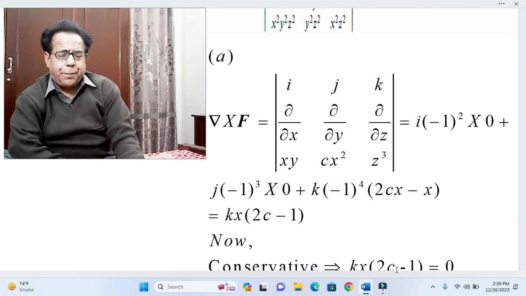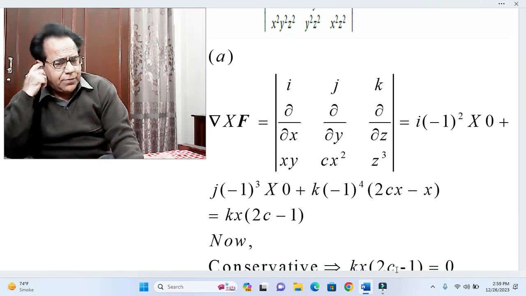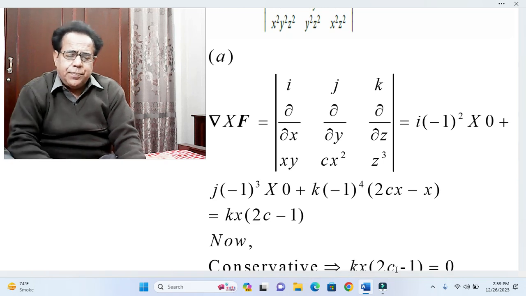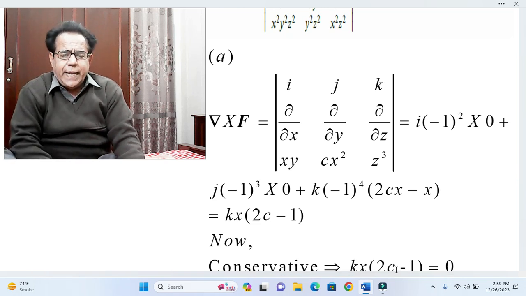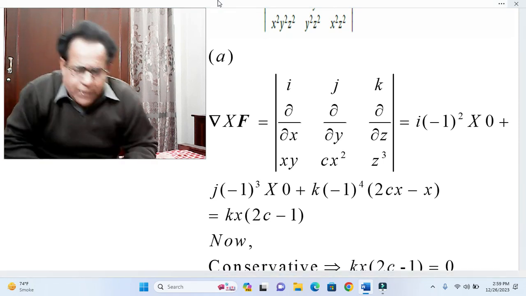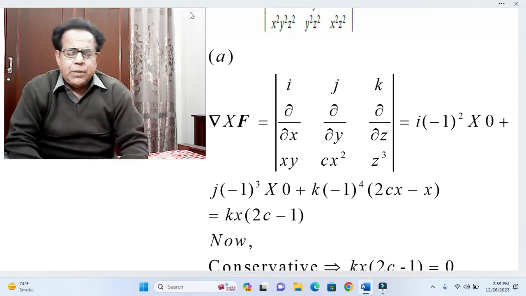Because i has first row and first column, 1 plus 1 equals 2; j has second column and first row, 2 plus 1 is 3, an odd power, so minus; while k has third column and first row, 3 plus 1 is 4, an even power, so plus 1.